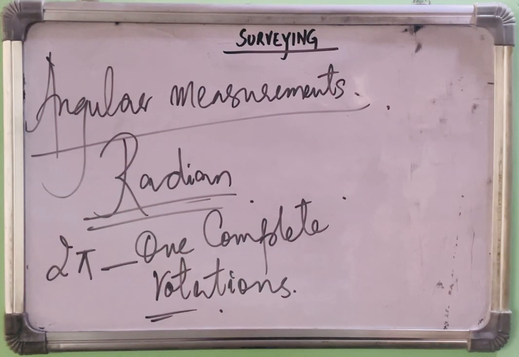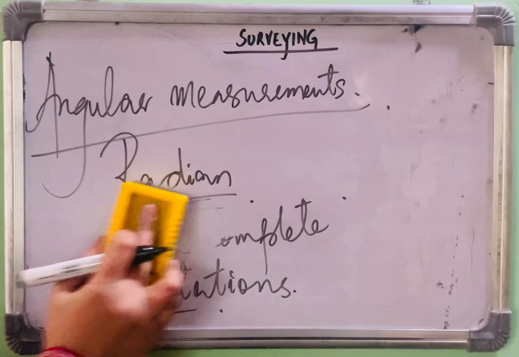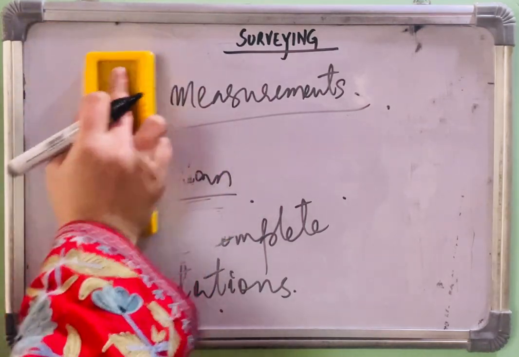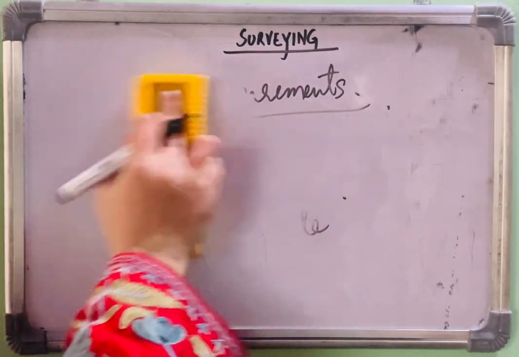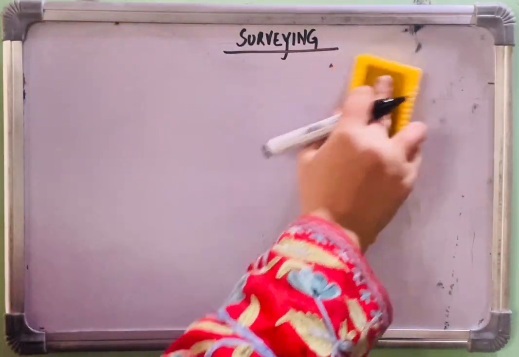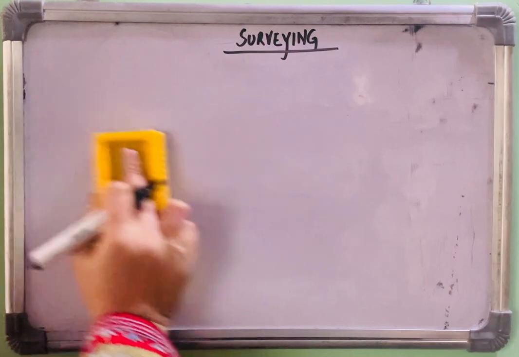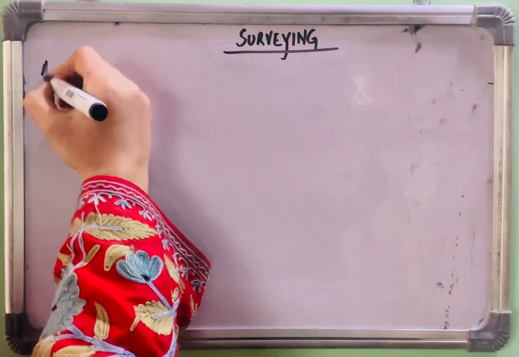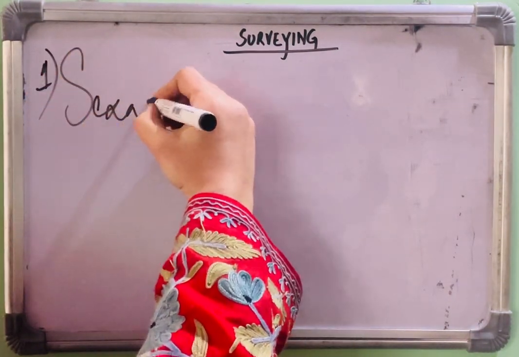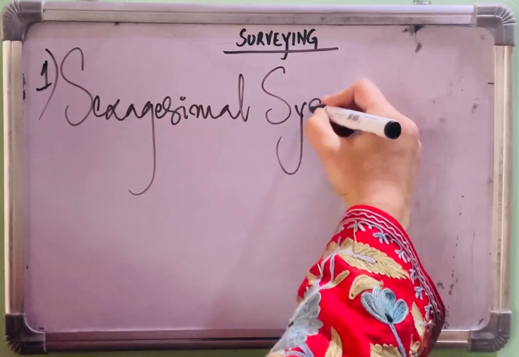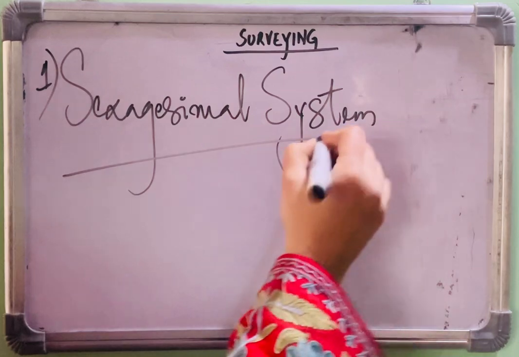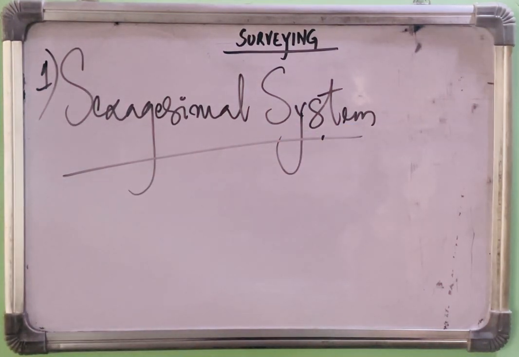But this unit radian is used mostly in mathematical expressions, and in regular field work we take angular measurements in one of the following systems: the sexagesimal system, the centesimal system, and the hour system. Let's study the sexagesimal system first. This system is used in most of the countries, including ours, that's India.